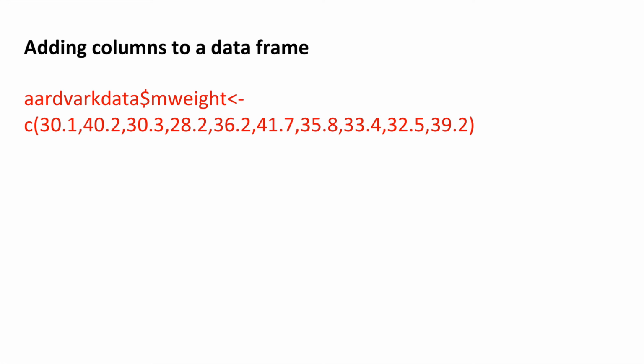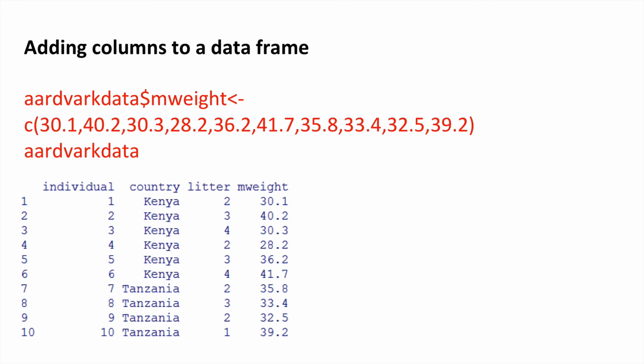So we would say aardvark data and then use the $ sign for referring to a new element in this case, or a new variable within that aardvark data frame, and there I've got 10 separate values listed out. I can then ask what the aardvark data looks like, and this is what it looks like. We now have an extra column, mean weight, listed just there.